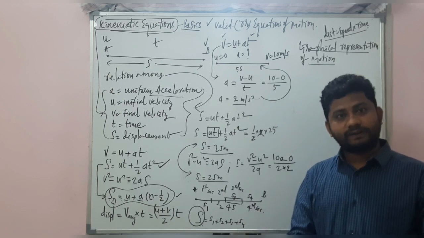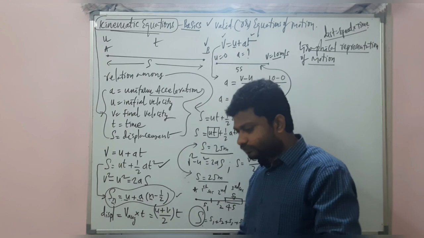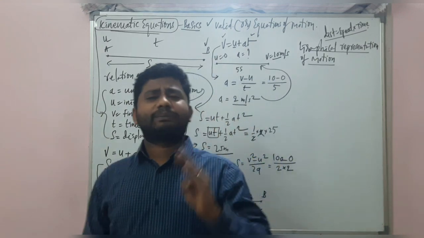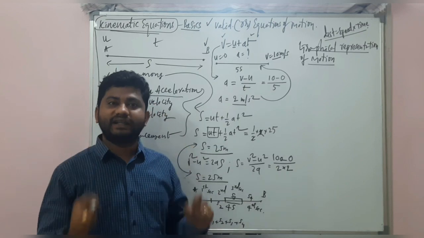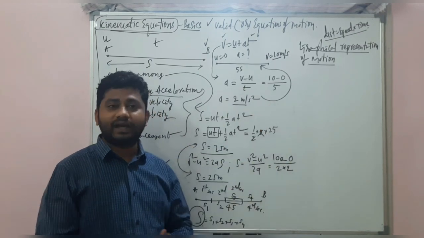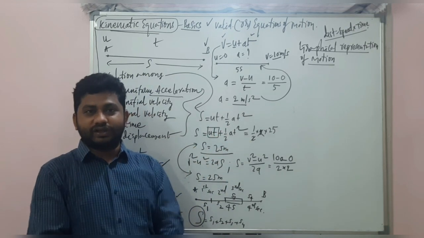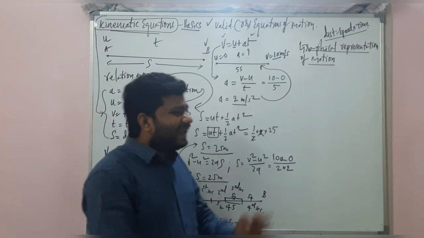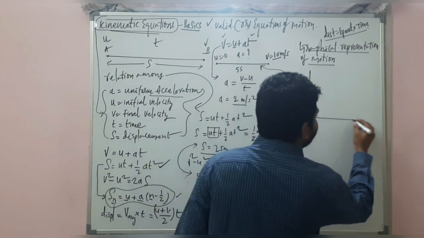Alright, my dear students. Let's come back to the graphical representation of motion. We had discussed this in detail, right? But still, a lot more is to be discussed in this area. Let's recap the graphs and graphical representation of motion. Any graph will have an x-axis and a y-axis.